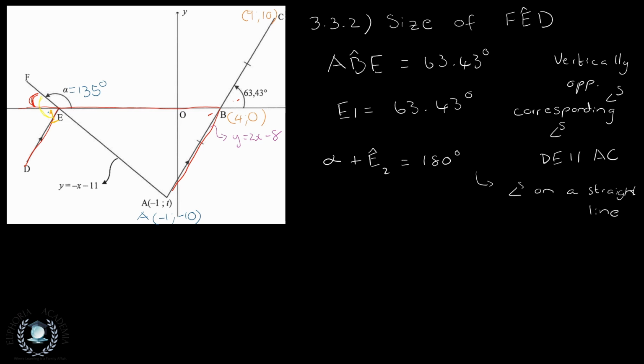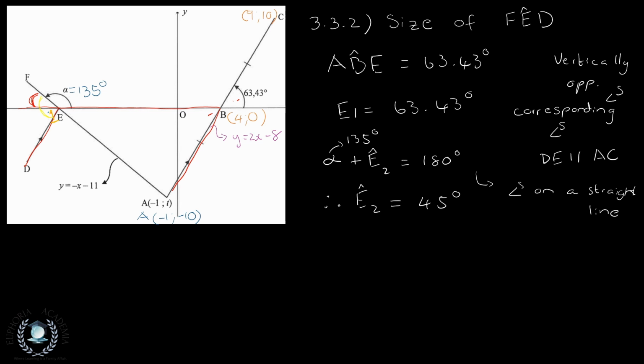Therefore E2, because we already know that alpha is 135, we take it to the right-hand side, which means we subtract 135 from 180. We're going to see that E2 will be equal to 45 degrees.